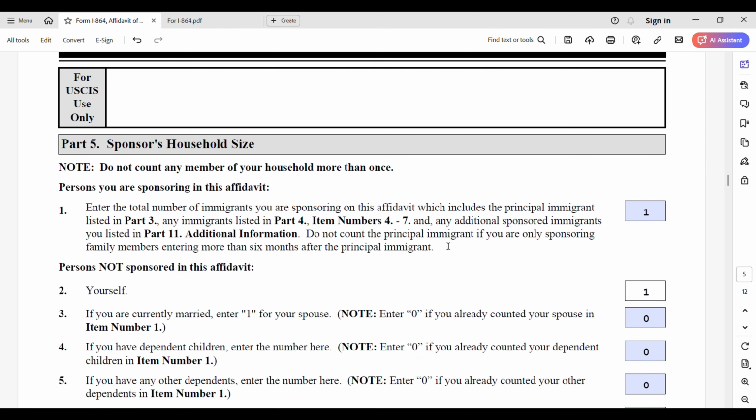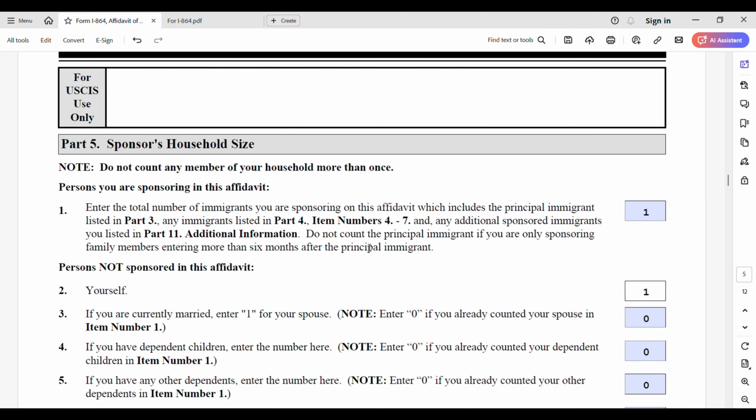What I like about this new form is they made it very simple and clear. Do not count any member of your household more than once. Persons you are sponsoring in this affidavit: enter the total number of immigrants you are sponsoring on this affidavit, which includes the principal immigrant listed in part 3, any immigrant listed in part 4, item numbers 4 to 7, and any additional sponsored immigrants you listed in part additional information.